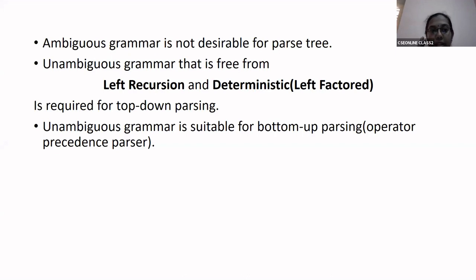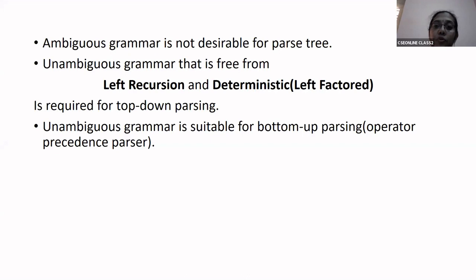And the third rule is that these unambiguous grammars should be deterministic, in the sense that you should have a fixed number of options for reducing the string from the grammar. So to have a deterministic grammar, you have a concept called left factoring.